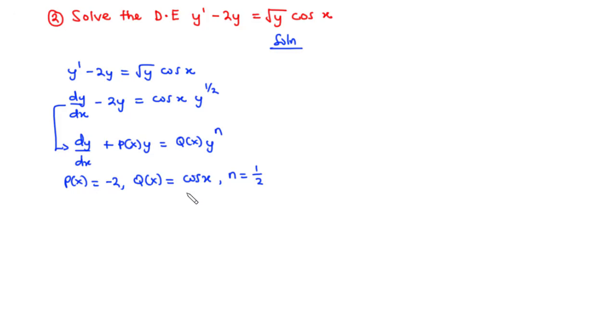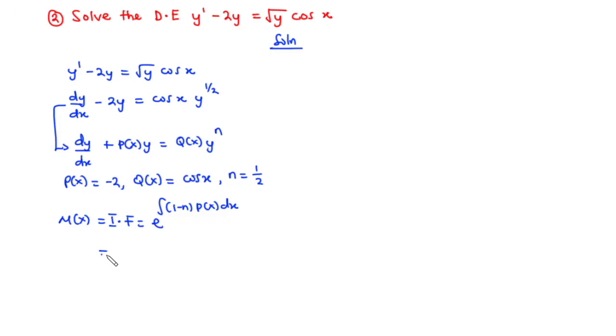So that is the first step. For the second step, we are going to find the integrating factor. So we have mu of x, the integrating factor, equal to e to the power the integral of 1 minus n times p of x dx.